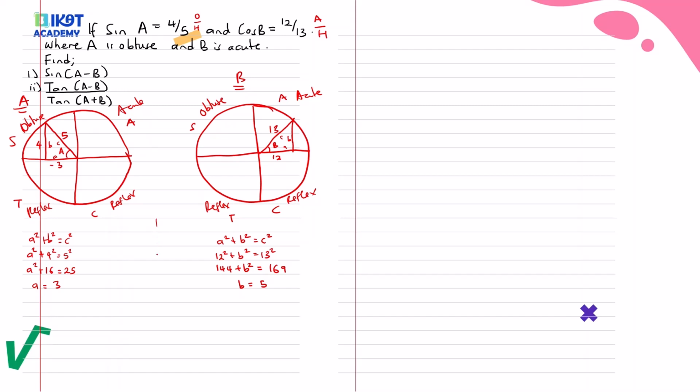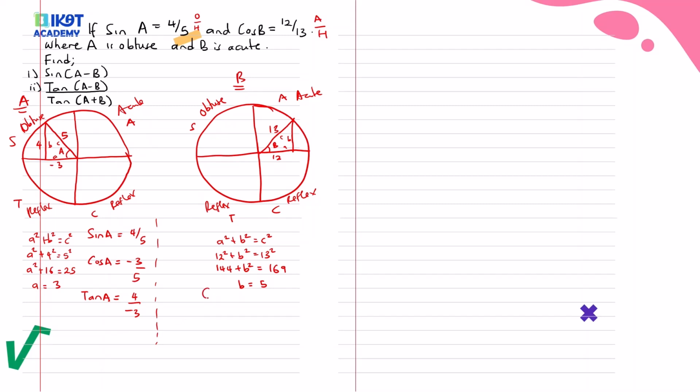So we can now quote these different figures from this. We already had sine A is 4 out of 5. So what is cos A? Cos A is adjacent out of hypotenuse. Then what is tan A? Tan A is going to be opposite out of adjacent, so this is 4 out of negative 3.